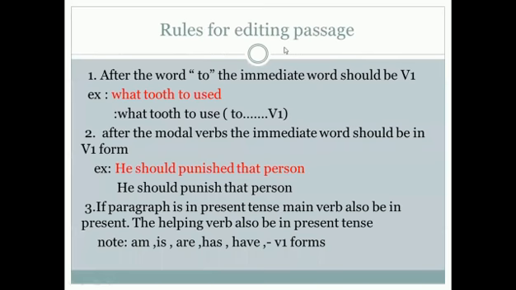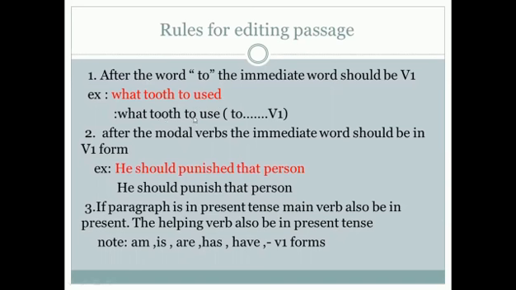Okay. So these are the basic rules related to the editing passage. First one, after the word to, the immediate word should be V1. So for example, what to use it? Is it correct? No, because after the word to, the word was in the V2 form, but actually the word should be in V1 form.